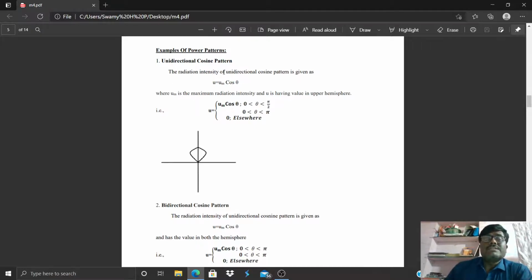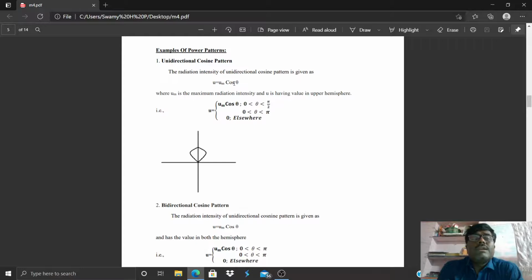The radiation intensity of the unidirectional cosine pattern is given as U is equal to Um cos θ. Five to six different power patterns will be there, out of which any two may be asked in the question paper.